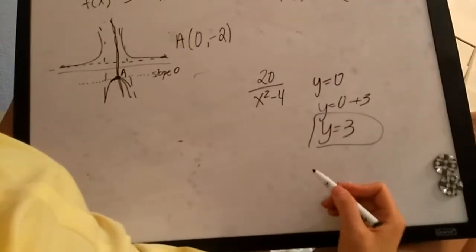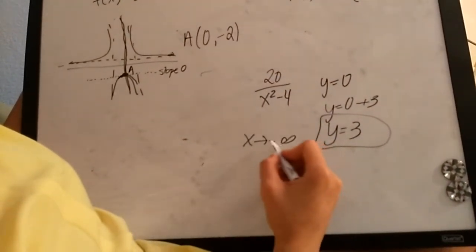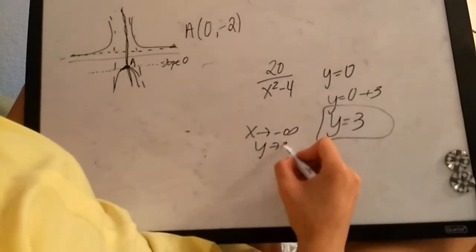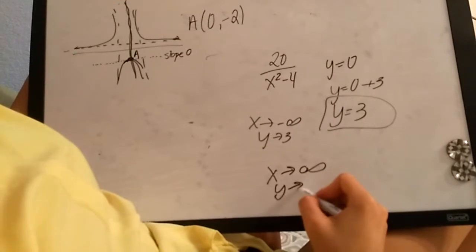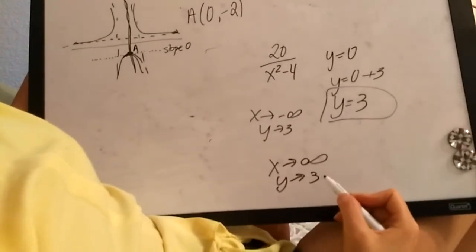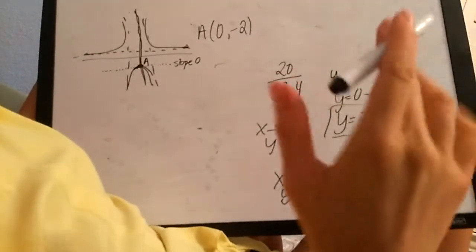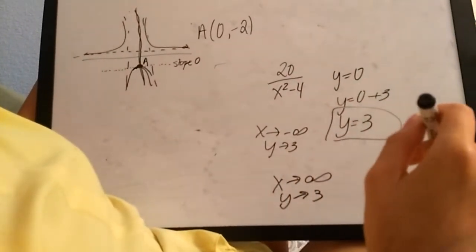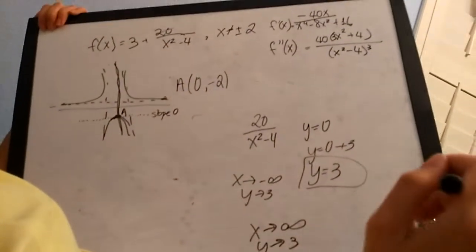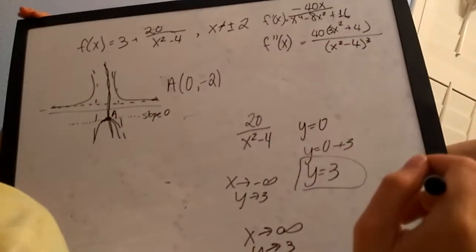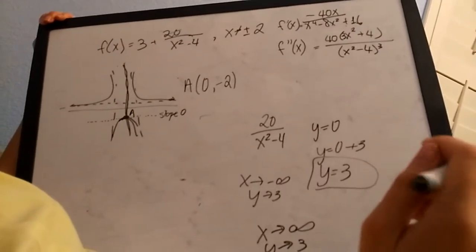And we can tell as x goes to negative infinity, y goes to 3. As x goes to positive infinity, y goes to 3. Do I have to prove that mathematically? No, I'm not going to do it.